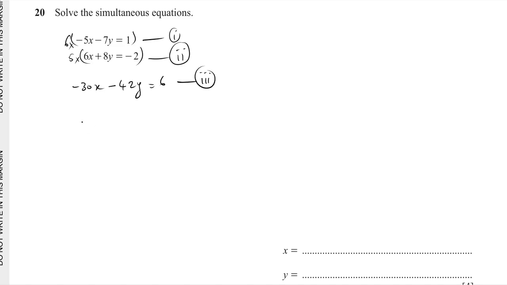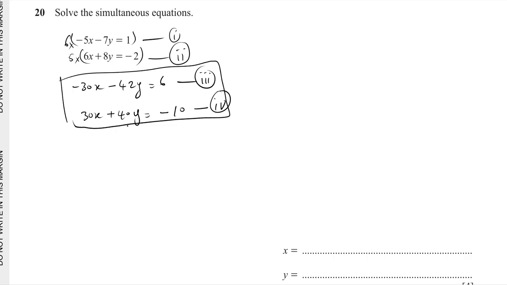And equation number 4, 30x plus 40y equals negative 10. By adding equation 3 and equation 4, we can simply find the y value.